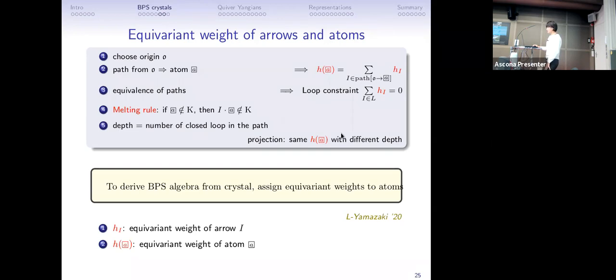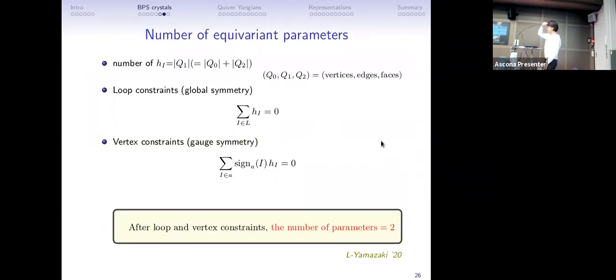And for this projection, we project the 3D crystal down to 2D. So this projection will project different atoms with the same coordinate, and they will have the same weight with different paths. So finally, the number of the equivariant parameters.